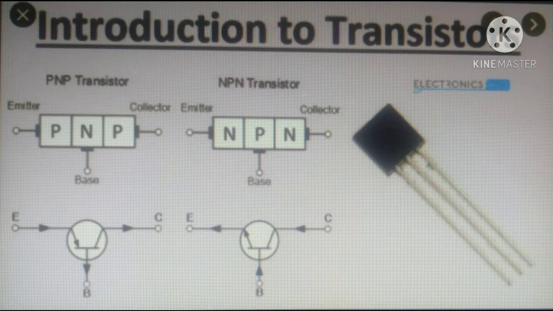The transistor is also a PN device, but with 2 PN junctions and 3 terminals. The 3 terminals are the emitter, the base, and the collector.